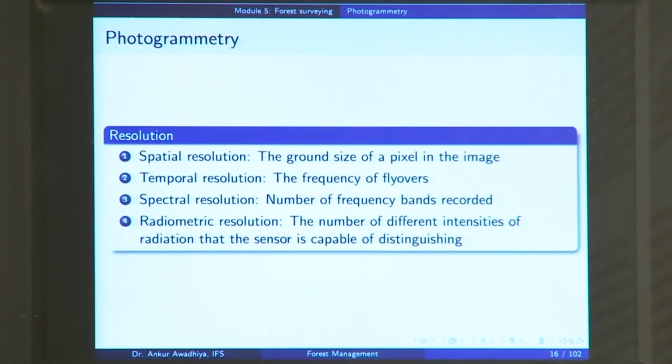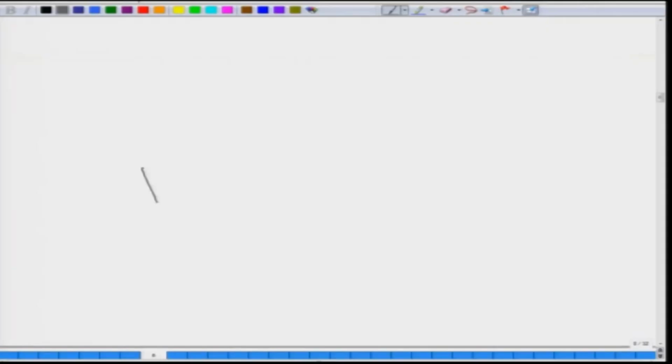Now, the second resolution is known as temporal resolution or the frequency of flyovers. Now, when we were talking about the satellite image and the drone image, what is the difference is the time that elapses between two flyovers of the same area. So, here we are saying that you have a forest. So, this is a forest and you want to have information of this forest.